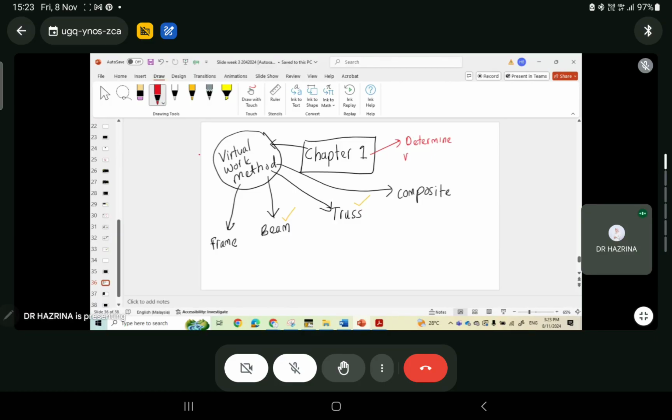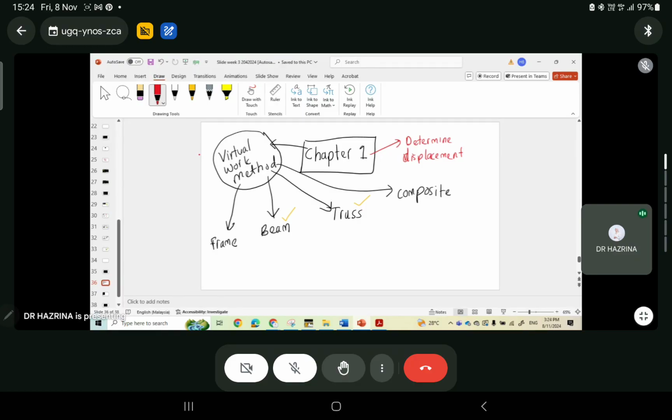We can say that we wanted to determine displacement at any point along the joint, any point along the truss, along the beam, along the frames, or along the composite structures, finding the displacement by using virtual work methods. So far, we have learned about truss systems.